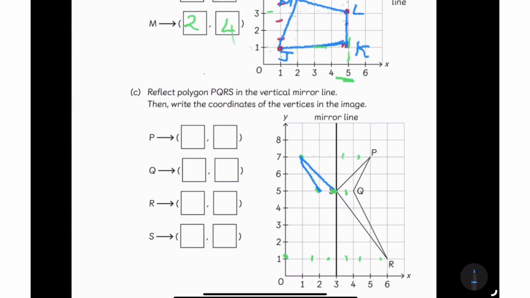So from the mirror line, I will join here. I'm sorry about the drawing part, but I am trying my level best. Yes. Okay. So this is my P, Q, R, and we have our S, which is on the mirror line. Let's go for the coordinates now.